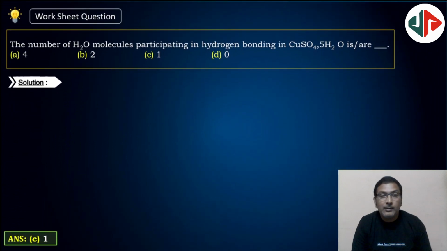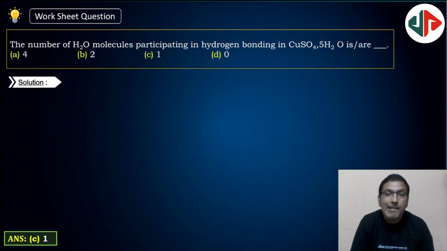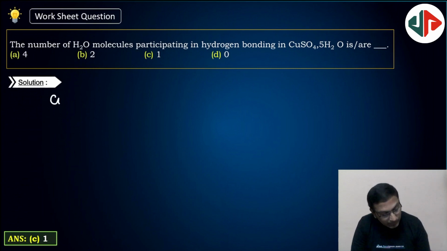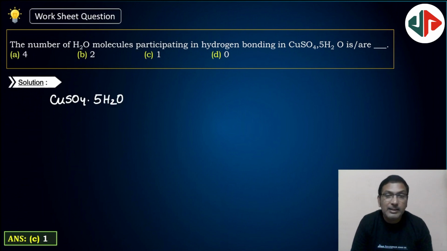Number of H2O molecules participating in hydrogen bonding in CuSO4.5H2O. So here it is given CuSO4.5H2O, copper sulfate pentahydrate.